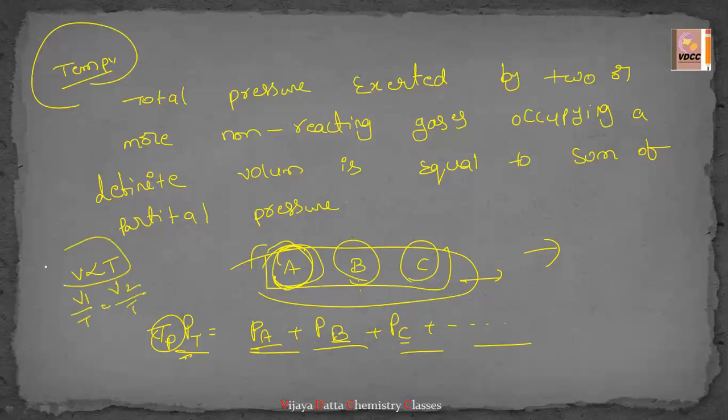Volume is directly proportional to temperature. Based on these conditions we can consider the partial pressures. Got it? So we have to maintain constant temperature and volume to calculate the partial pressure.